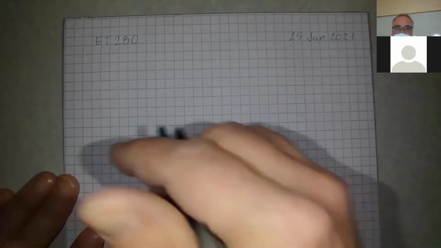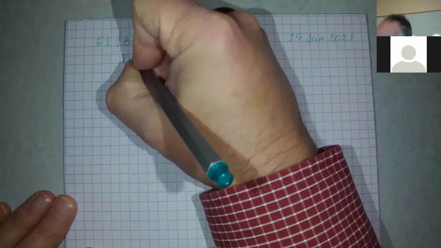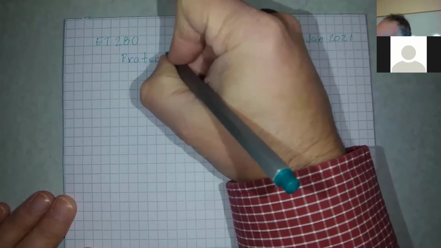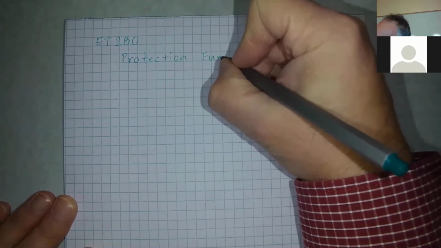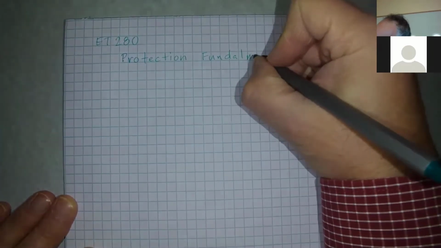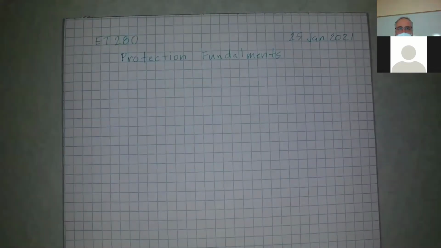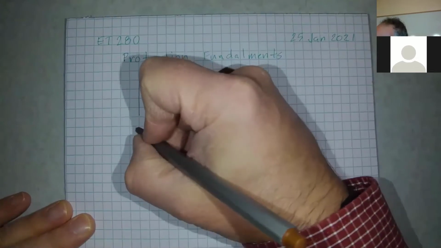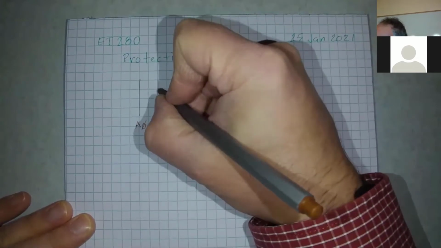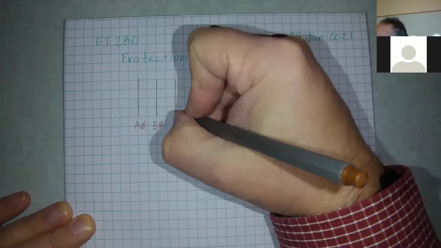So this is the basics or fundamentals of protection. We'll have a three-phase system: A phase, B phase, and C phase.